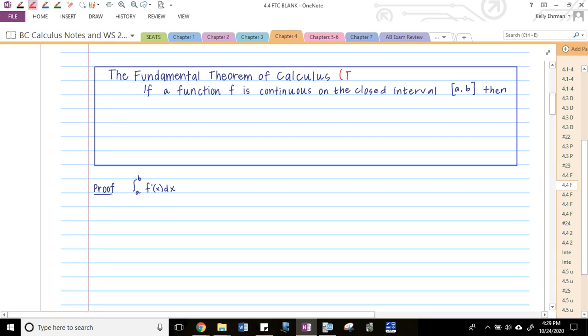You're allowed to abbreviate it as FTC. If a function f is continuous on the closed interval a to b, then the integral from a to b of f prime of x dx will be equal to f of b minus f of a.